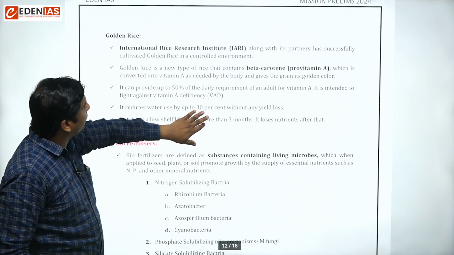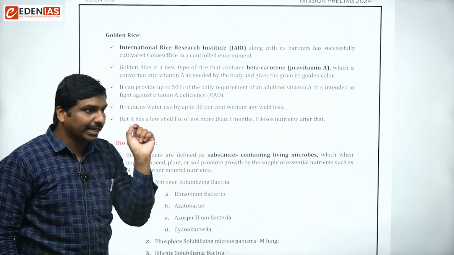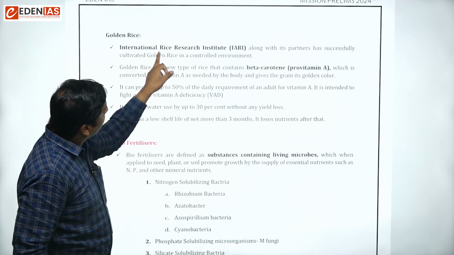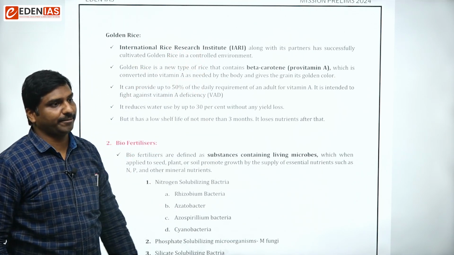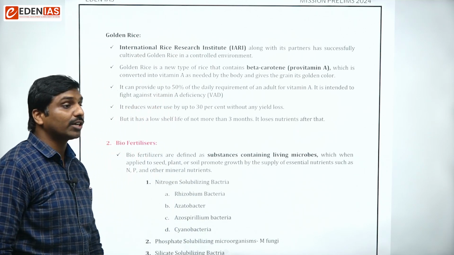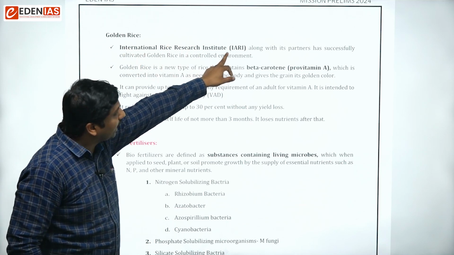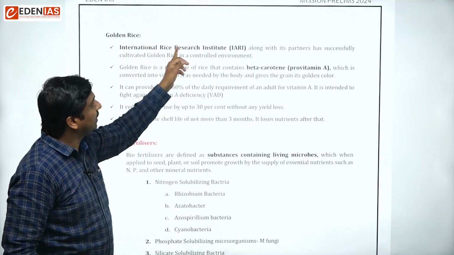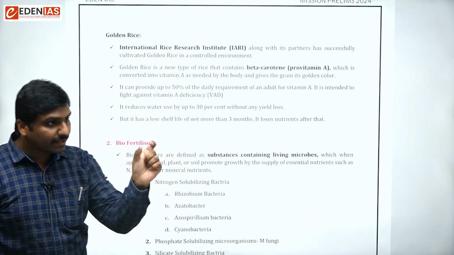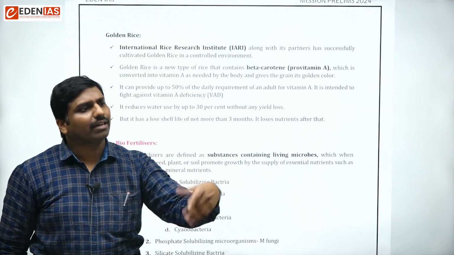Here, remember that in the Philippines we have an organization called the International Rice Research Institute, IRRI. Its headquarters is currently located in the Philippines, and there are regional offices.